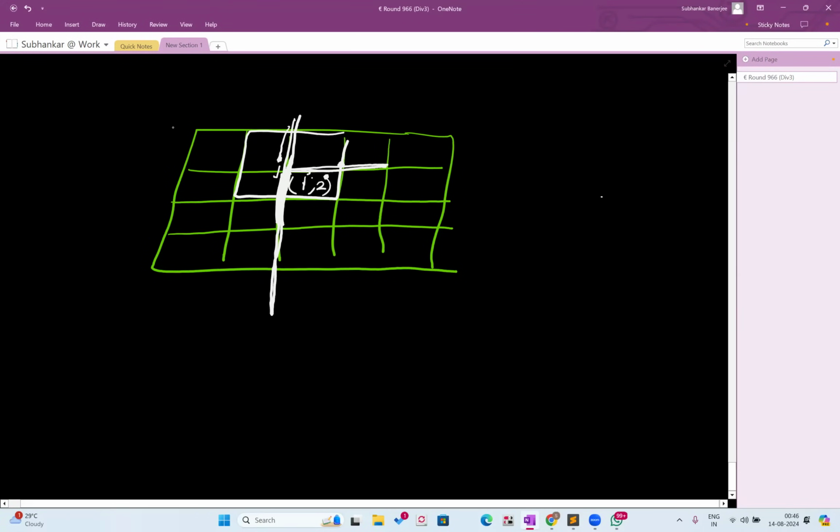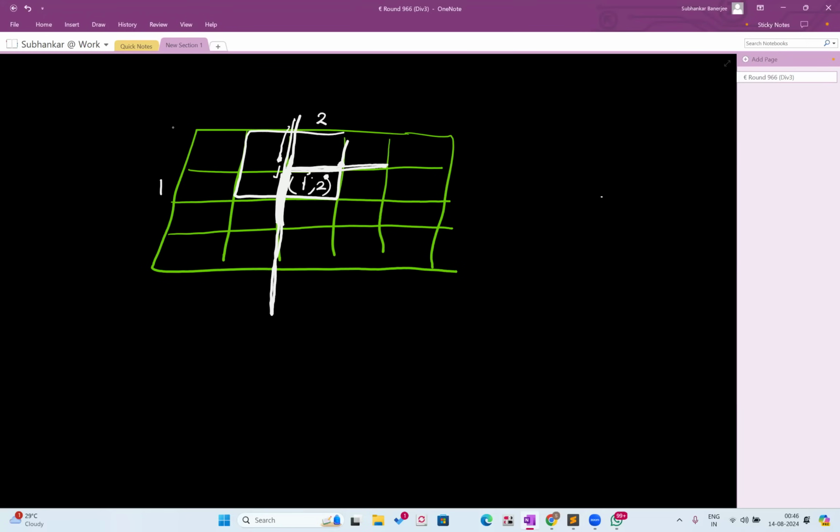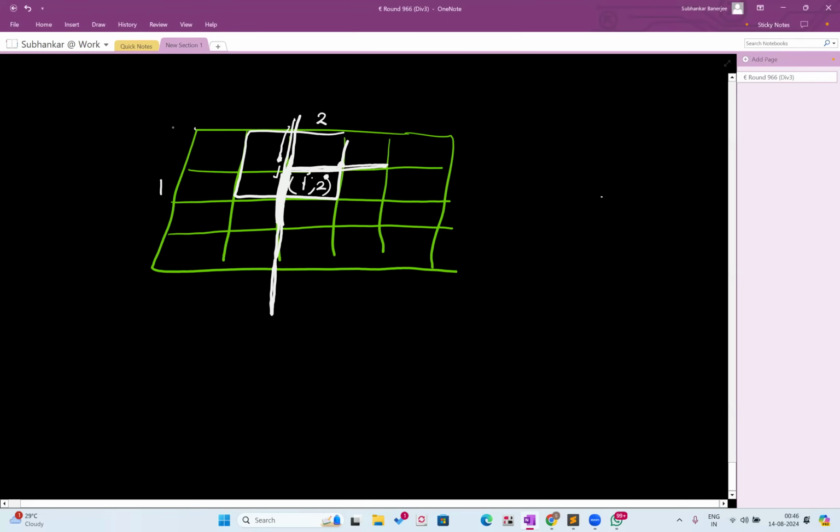I am at 2 and this is 1. So if I am at i comma j, where can the right border go at max? This is 0, of course 1, 2, 3. The right border can go up to 3. Up to this, right? Yeah.